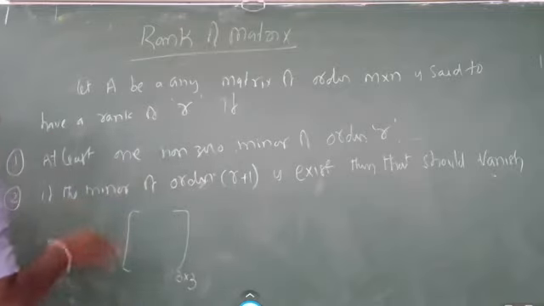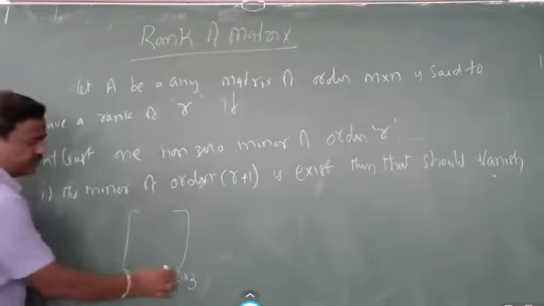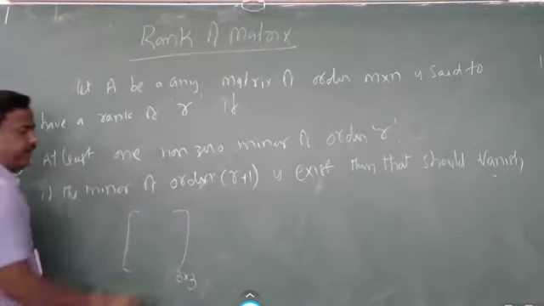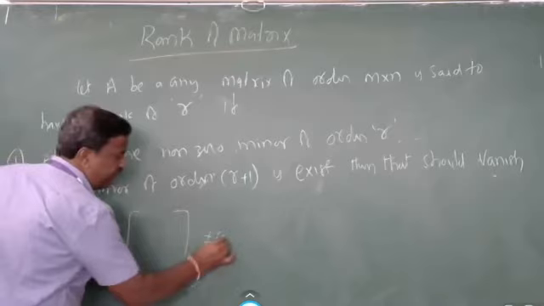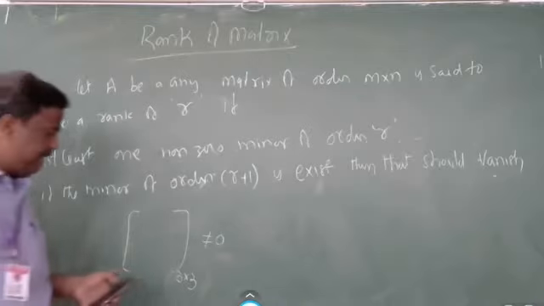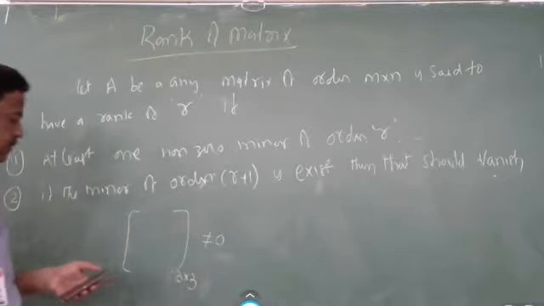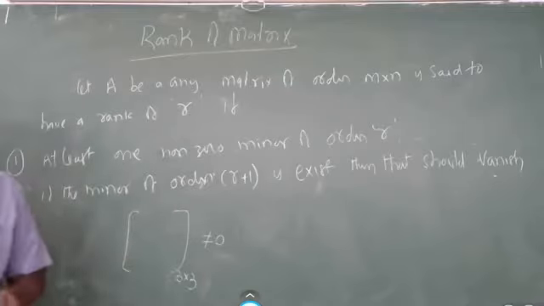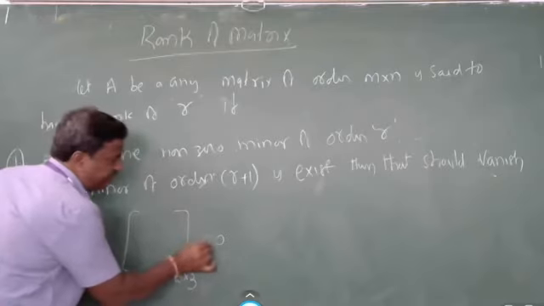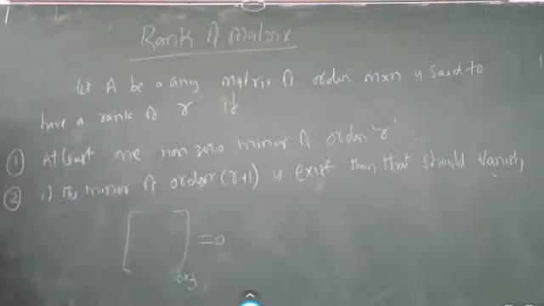So if you find the determinant of the given 3 by 3 matrix and the determinant value is not equal to 0, then we say the rank of the matrix is 3. Suppose the determinant of this 3 by 3 matrix is 0.